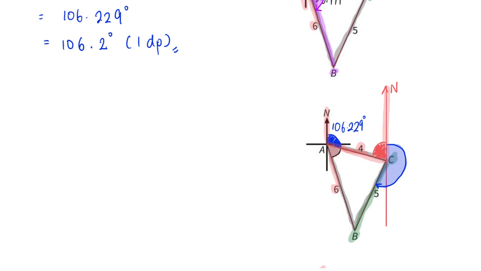This one I shall name north arrow 1, this is north arrow 2. So the very first thing I need to know is this red color angle, N1, C, and 2, which is simply 180 degrees minus 106.229.